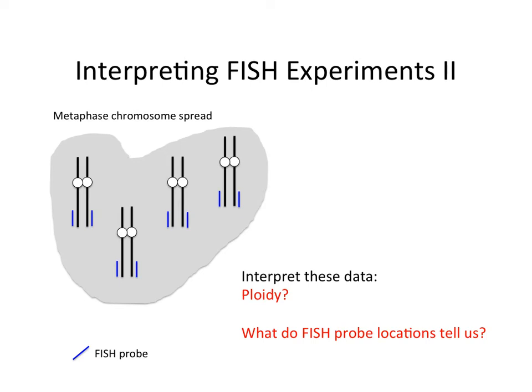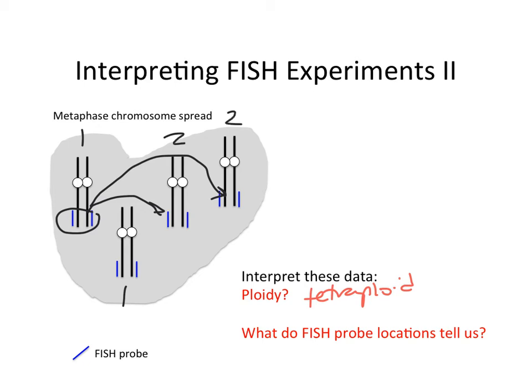Could this be a duplication of the part of the chromosome that contains the sequence that this FISH probe hybridizes to? So this could be tetraploid. Or you might have had that part of that chromosome duplicate onto the ends of those two chromosomes. So this might be chromosome pair 1 and chromosome pair 1, and that could be 2 and 2.